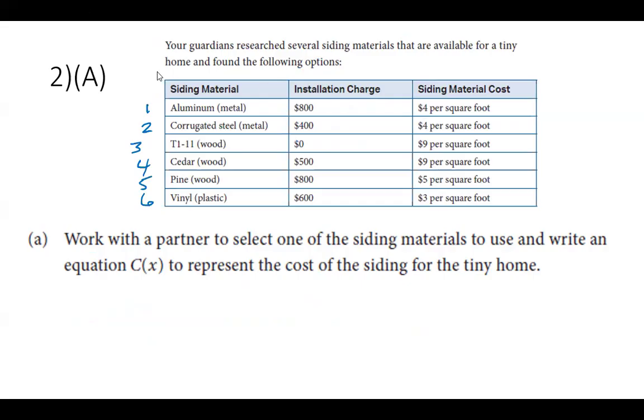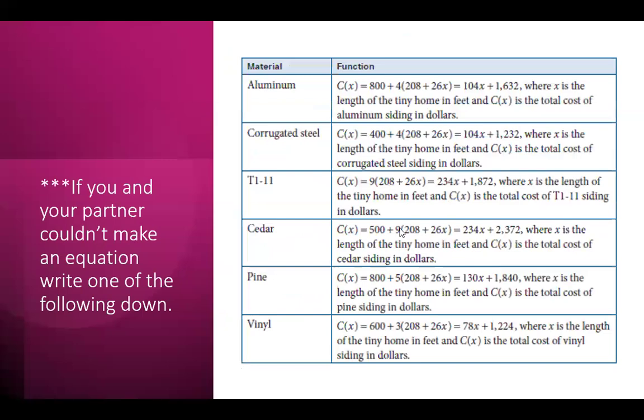And then it says they're going to charge me for installation. Right? So your answers should have looked like so. If you were aluminum, your final answer should have been 104x plus 1,632.